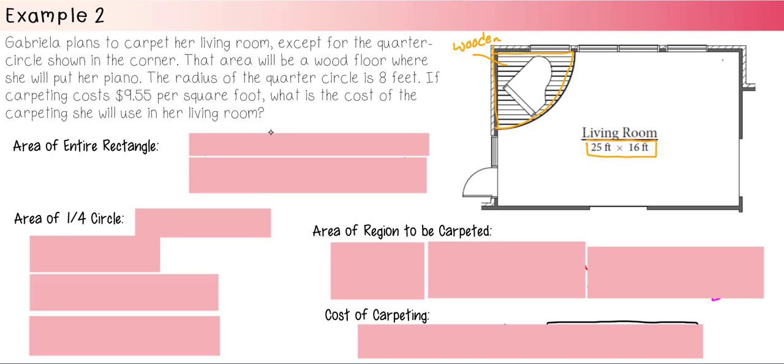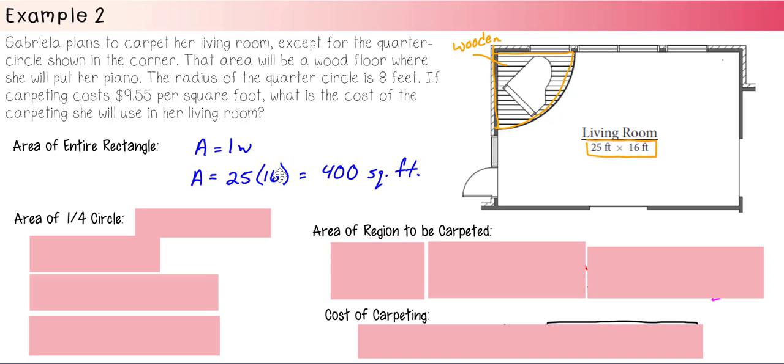So remember, the area of a rectangle is length times width. So that would be 25 times 16. So the whole entire area would be 400 square feet. Now we need to account for and take out this 1/4 of a circle from the area of the living room.